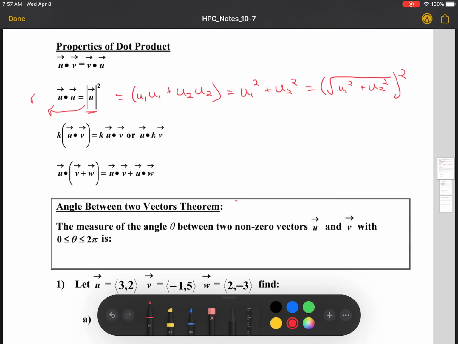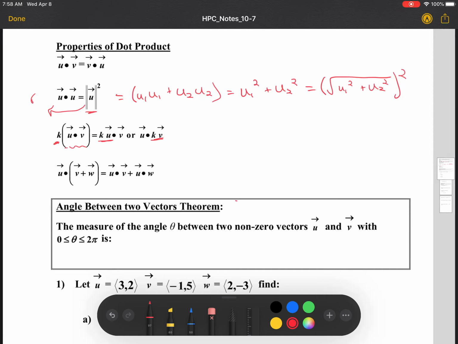The next one is about scalars and the dot product. If you have a scalar multiple times the dot product itself, you can either do the scalar times the result of the dot product, or the scalar times a vector before the dot product. But you only distribute it to one. Notice, it's k times u or k times v.